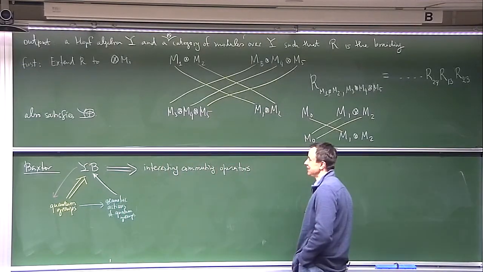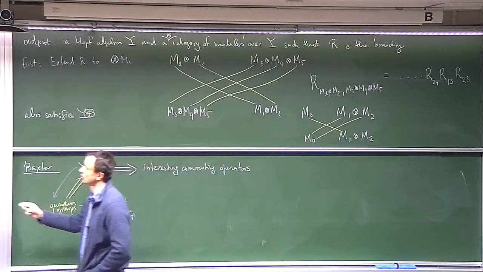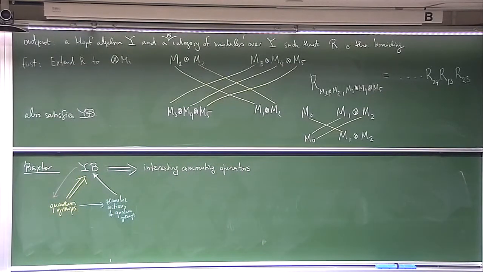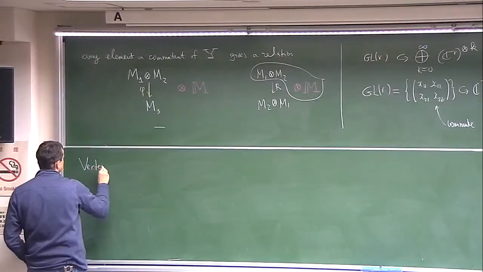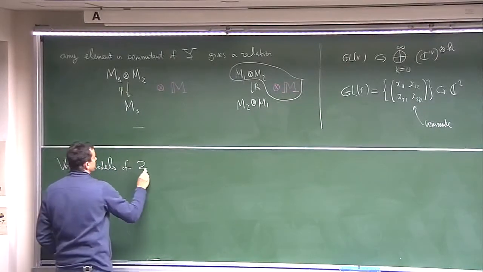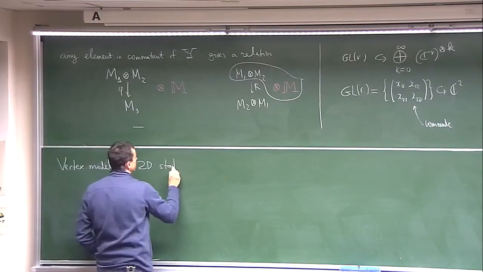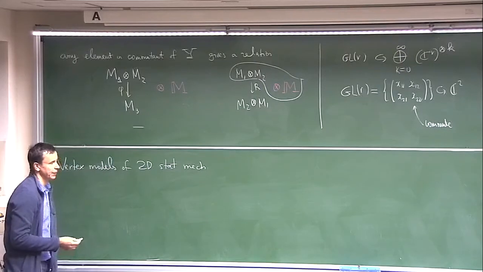So first I'll explain this. It was actually in the context of vertex models of statistical mechanics, for which the spin chain is equivalent, but not the same. This was Baxter's main interest.